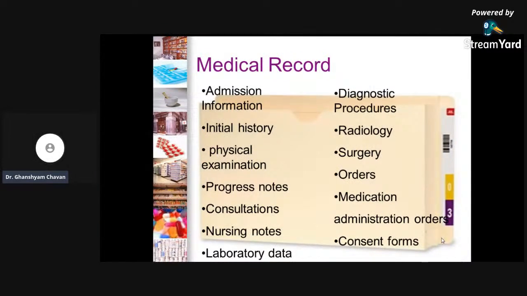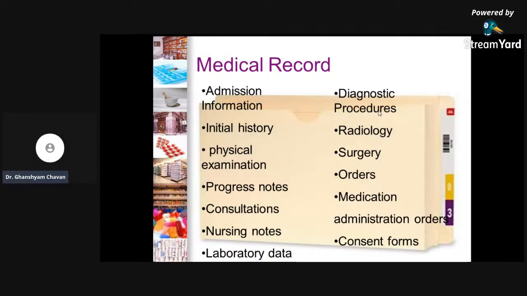And laboratory data, the pathological data which we get from the pathological lab. By that also we get information regarding the disease, what sort of problem the patient has regarding RBC, WBC, or whether any bacteria or virus is present, or any sort of incline or decline in his normal values, that we can identify. Diagnostic procedures, any sort of diagnostic tools we are using.